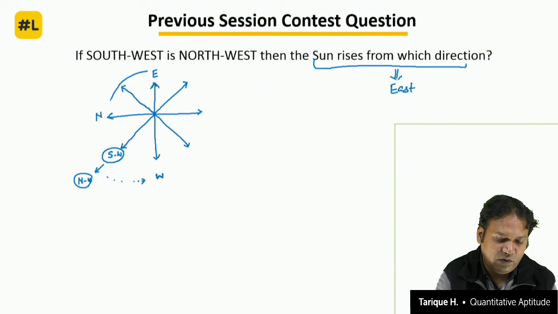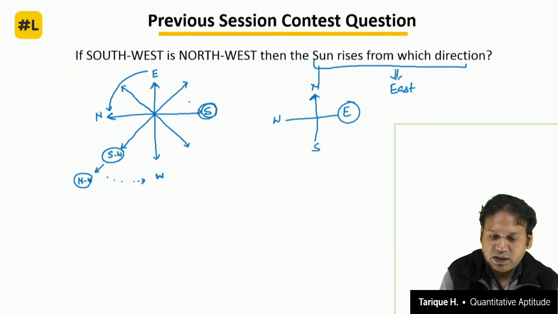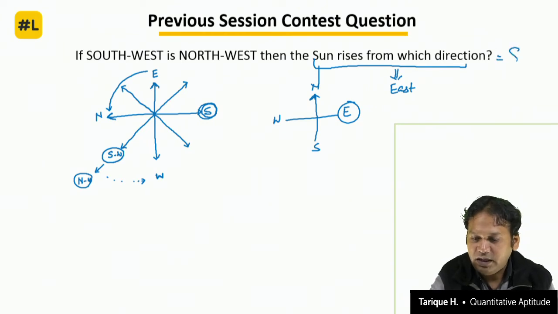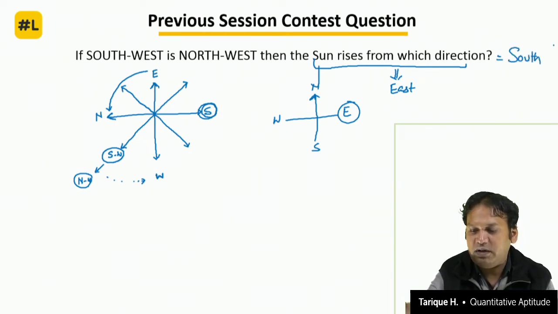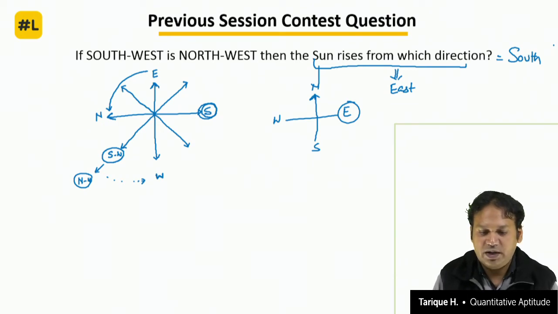Or from east, when we go anti-clockwise, we get north. And what is opposite north? South. But this south that we are calling south right now, in the actual direction, that is nothing but east. Understand this? What is this? Actually east. But what are we calling it? South. So sun rises from which direction? The answer will be based on the information given. Sun rises from the south direction. Alright. That is the method of solving this question of direction sense.